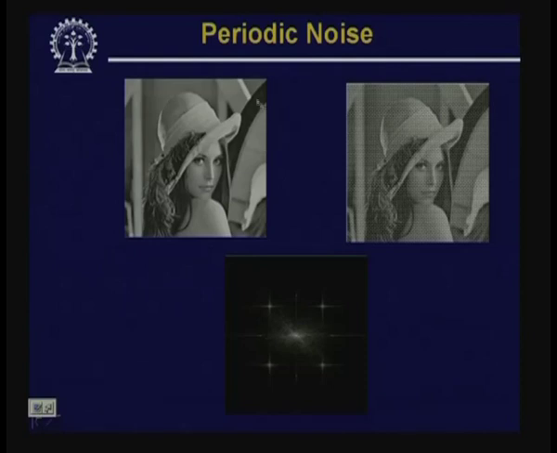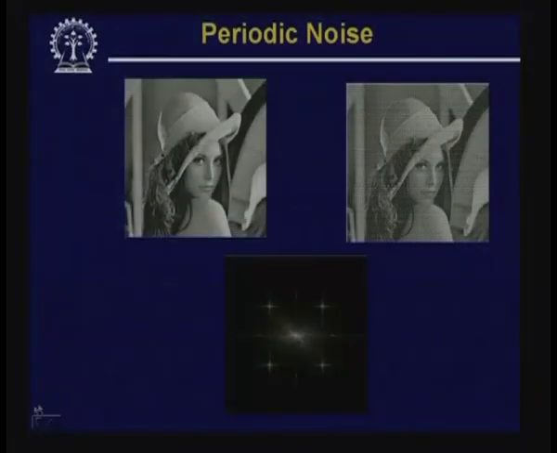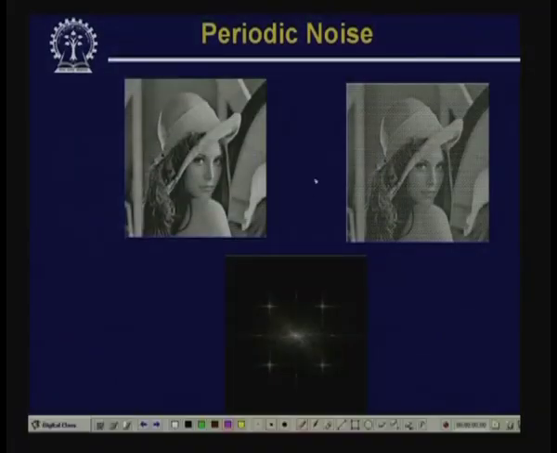Here you find that we are taking the same image which we have taken a number of times earlier, and if you look closely at the rightmost image, you will find that this is contaminated with periodic noise.